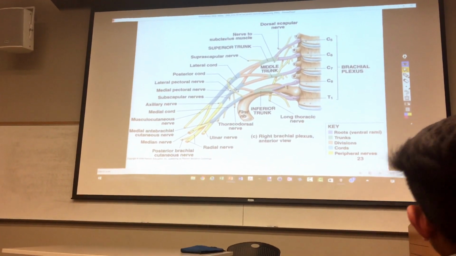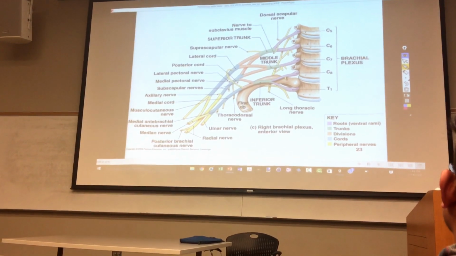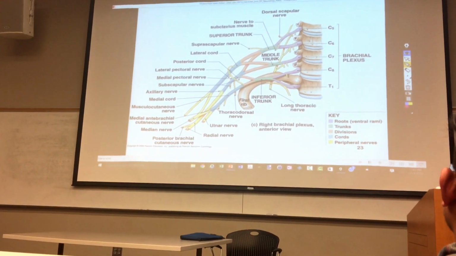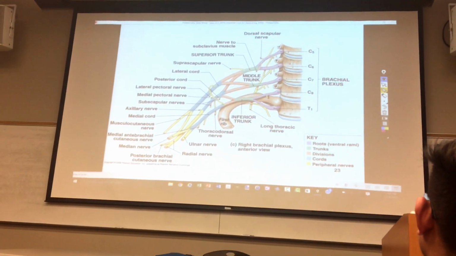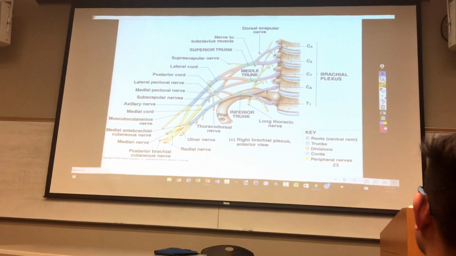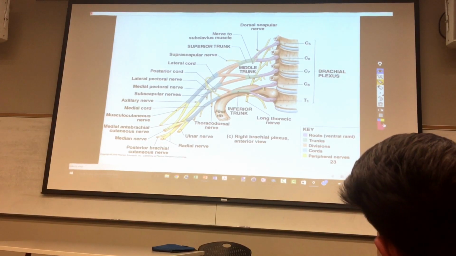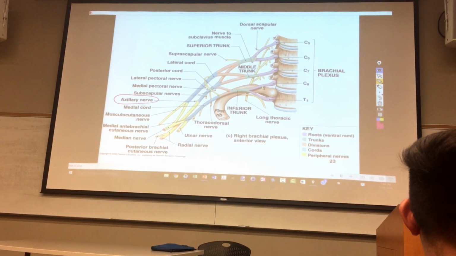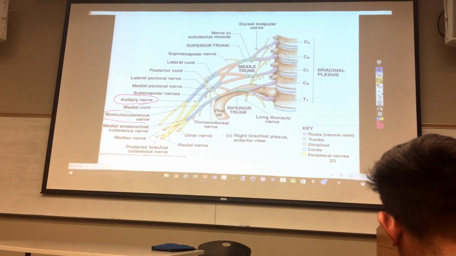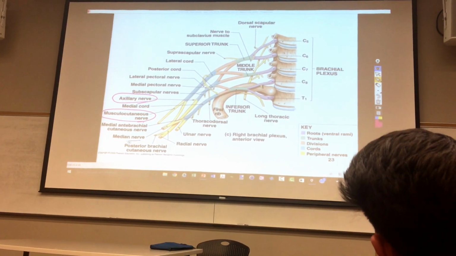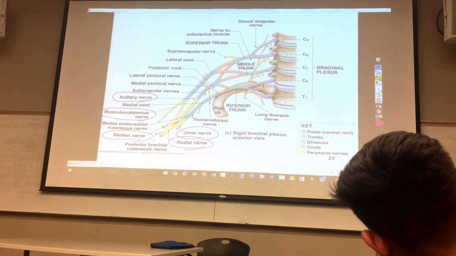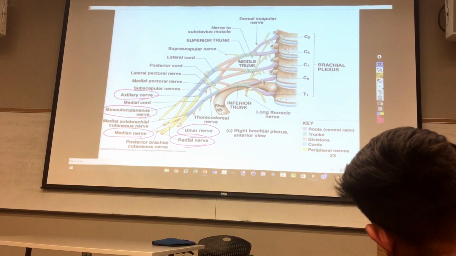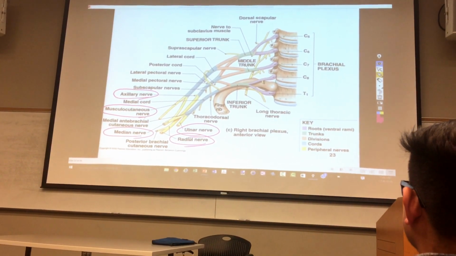And those 5 particular nerves that we're going to look at for your brachial plexus, for you guys to pay attention to and understand for now, are going to be axillary nerve, musculocutaneous, median, radial, and ulnar. Those are your 5 terminal nerves that we're going to focus on for now.